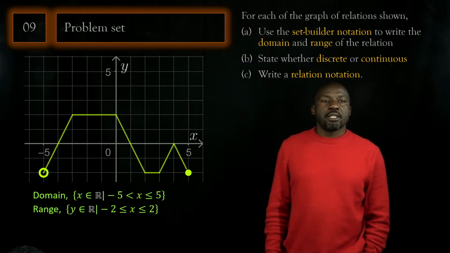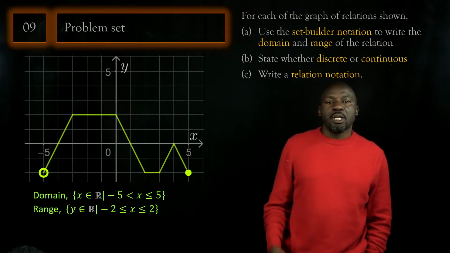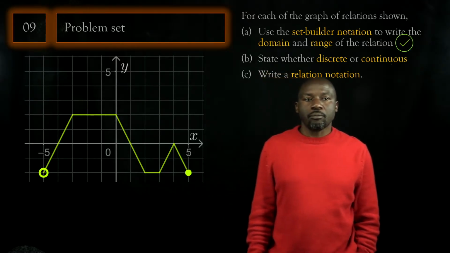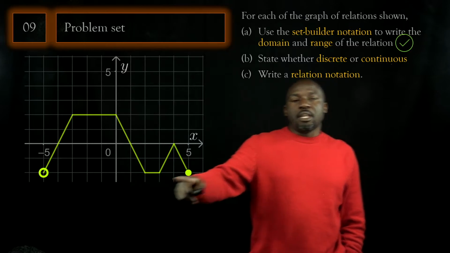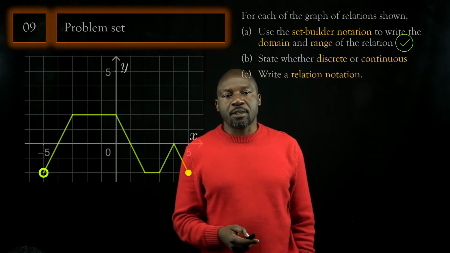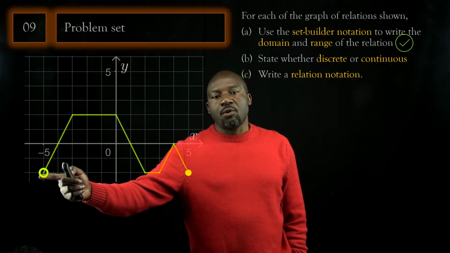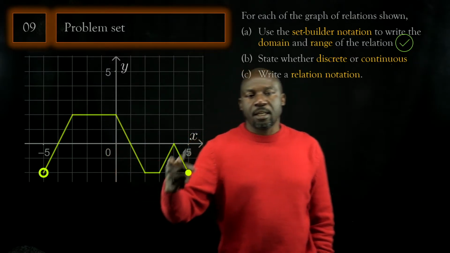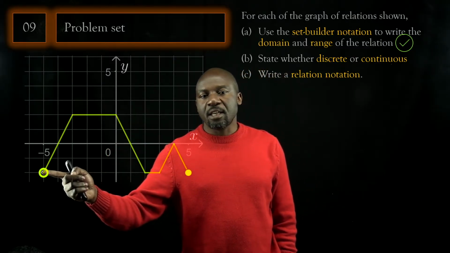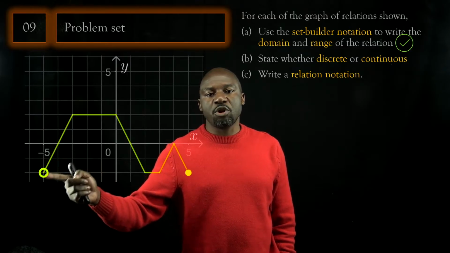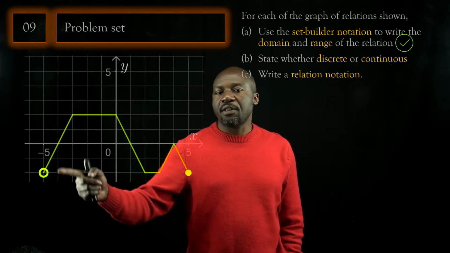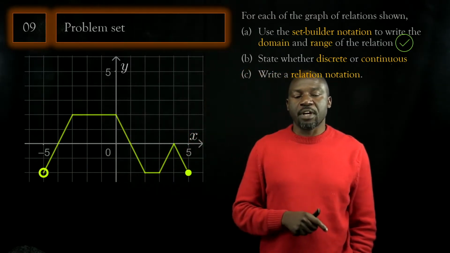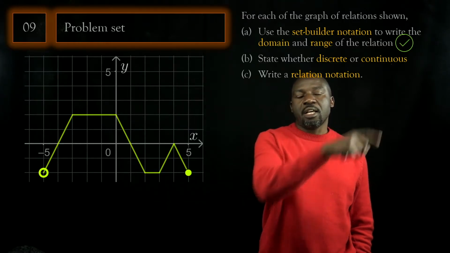State whether this relation is discrete or continuous. Well, obviously, just to cut it short, if we have a line, that means X has infinite possible values between -5 and 5. That means the relation is continuous.